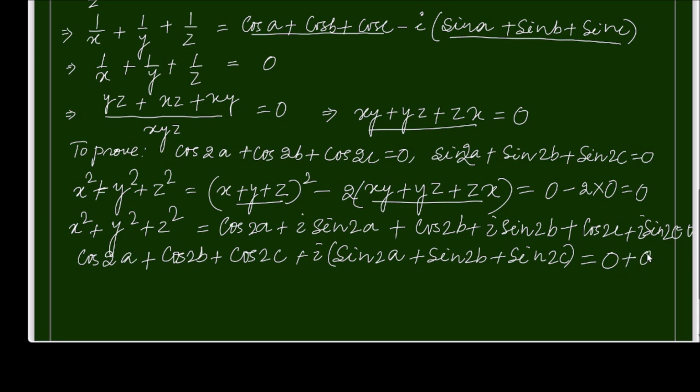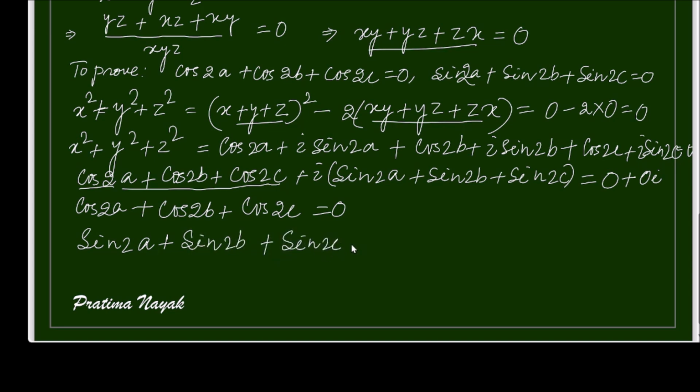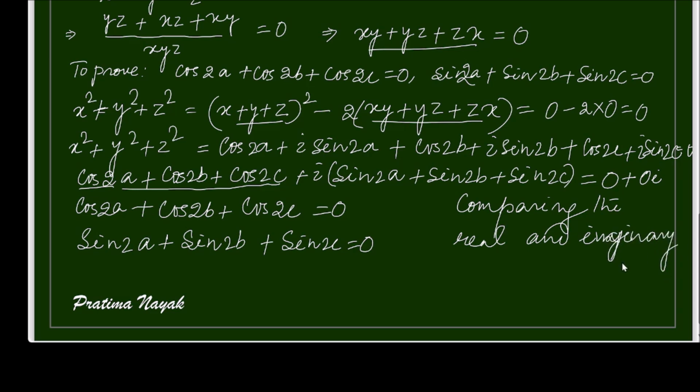So comparing the real parts, this is cos 2A plus cos 2B plus cos 2C equals 0, and sin 2A plus sin 2B plus sin 2C equals 0, by comparing the real and imaginary parts. So I think it's proved.